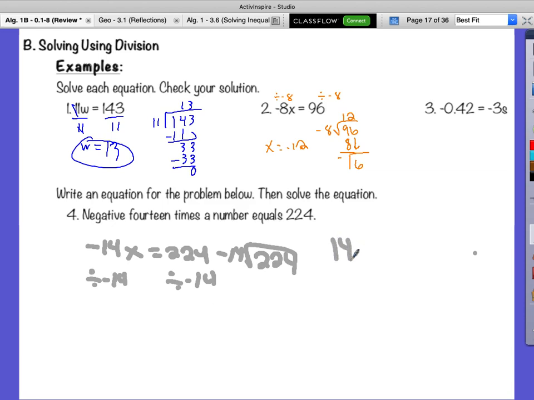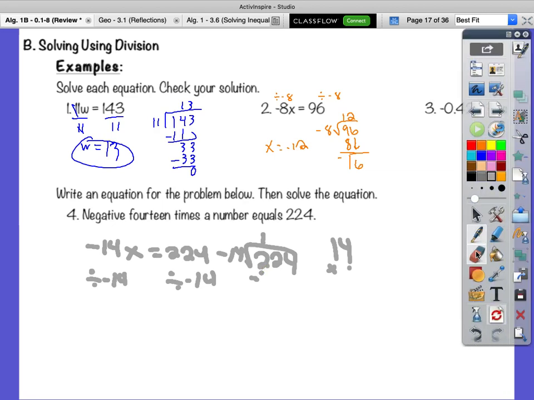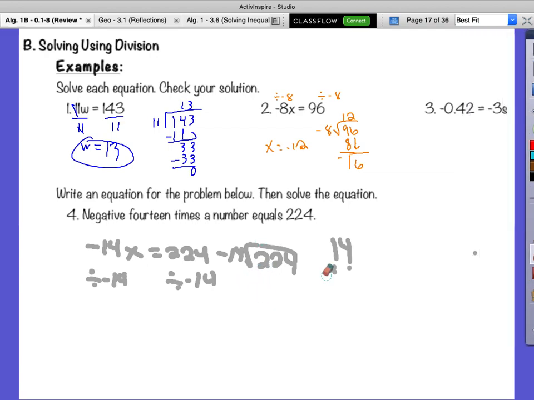How many times does 14 go into 22? Oh, yeah. What number are you going to put that above, though? It would be the same 2.